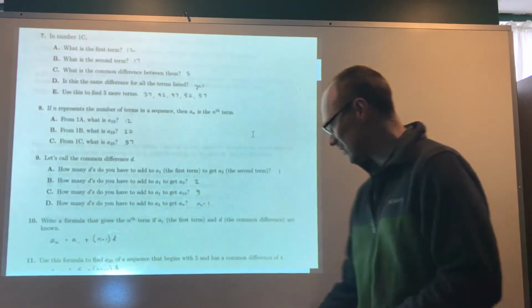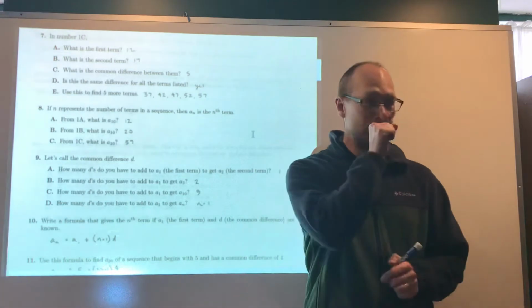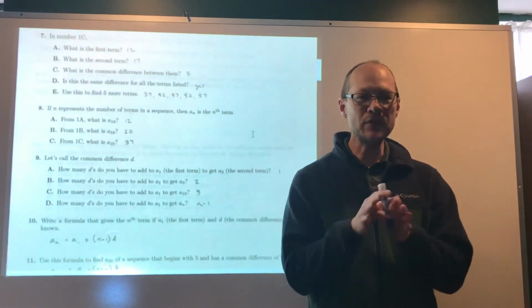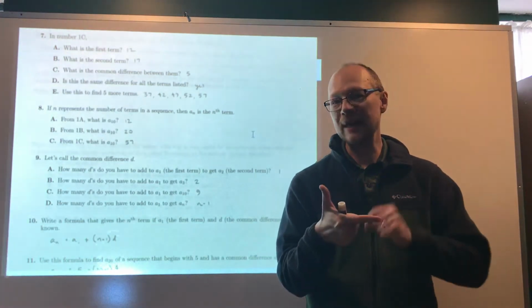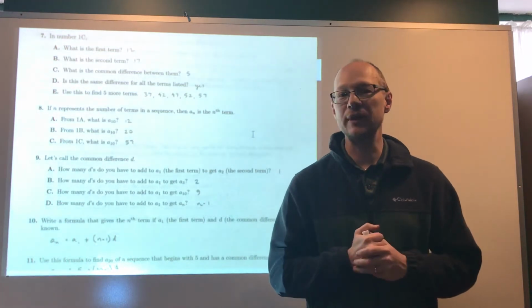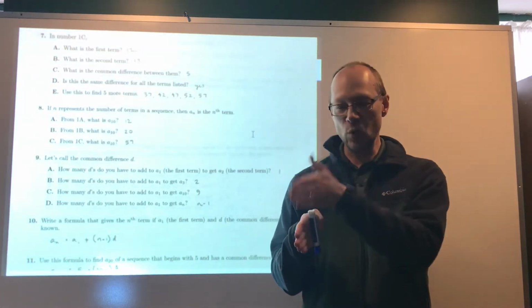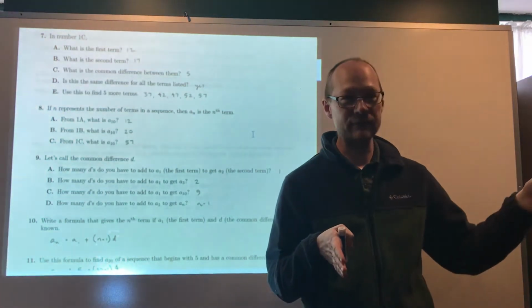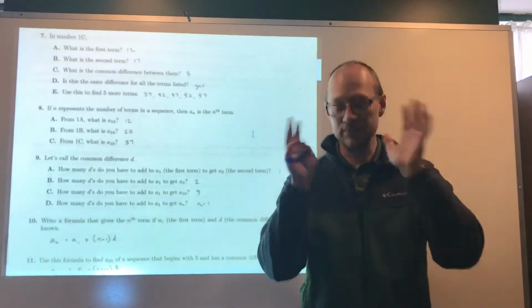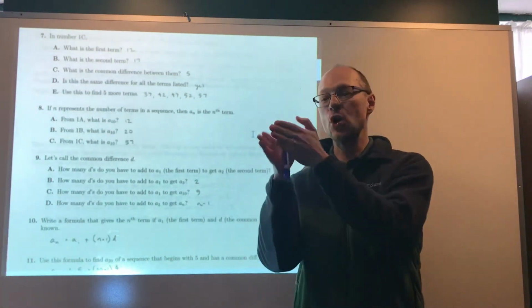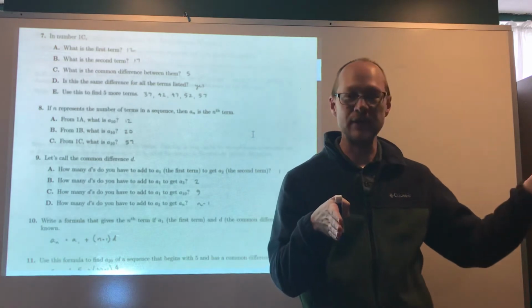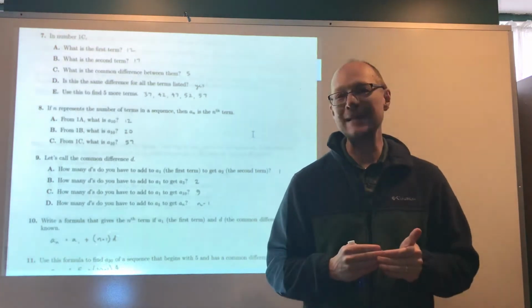But before we get to that, or while you're finding that page, what I want to make sure that you recognize is terms and term numbers are two very different things. You've always got term numbers 1, 2, 3, 4, 5, etc. But the terms themselves may not be that.